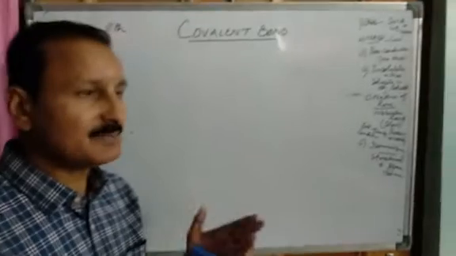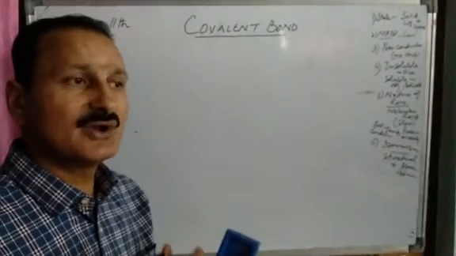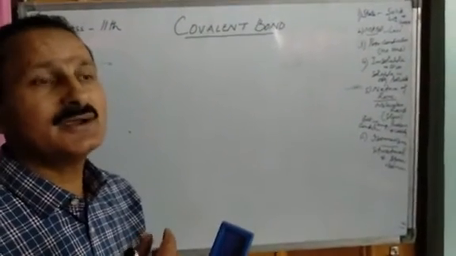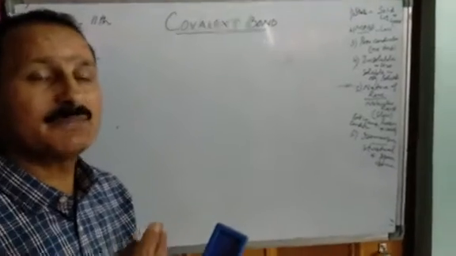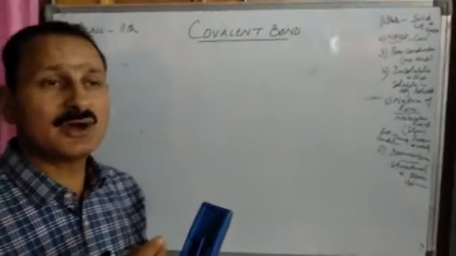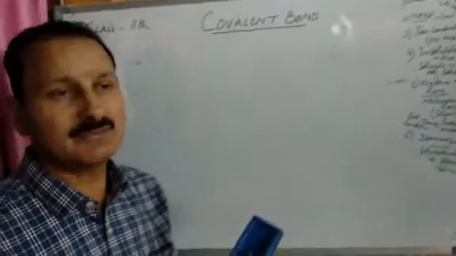So depending upon whether there is sharing of 1, 2 or 3 pairs of electrons, single, double and triple covalent bonds are formed. The double and triple covalent bonds are also known as multiple bonds.